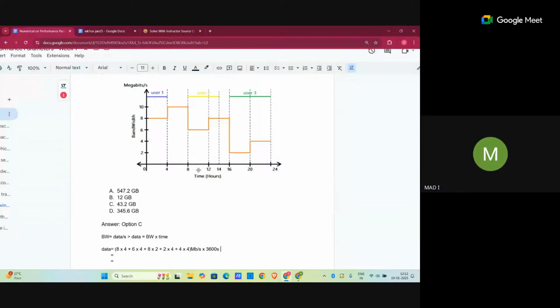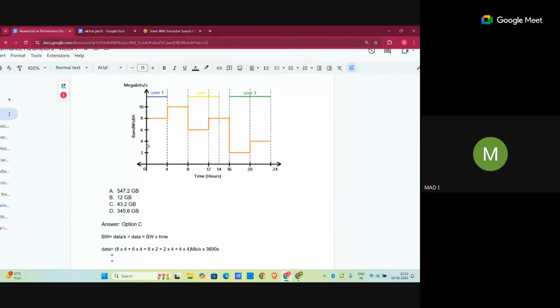Again, now we have this peak. Here the bandwidth is 8, but the duration is from the 12th to the 14th hour, that is 14 minus 12 equals 2. So we multiplied 8 by 2. After that we have user 3. Now this is the graph for user 3.